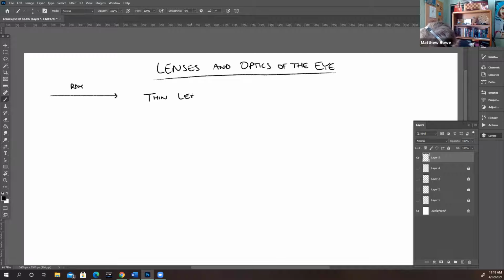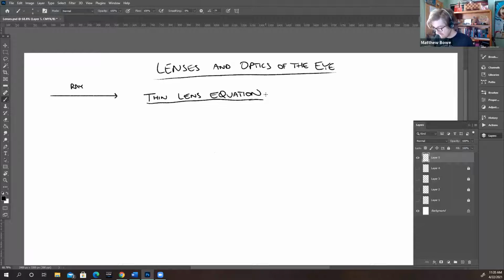If a lens is thin enough, it's not traveling through too much material, we could say that light goes through an object and then immediately changes its direction, and we don't have to worry about what it's doing inside the material.